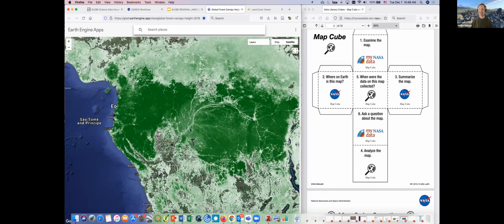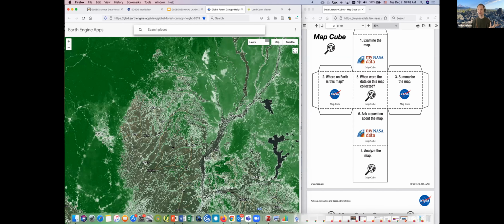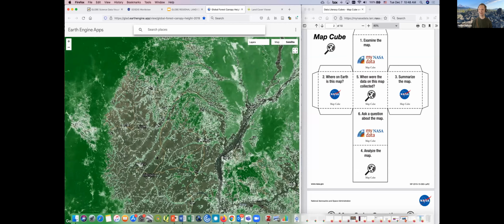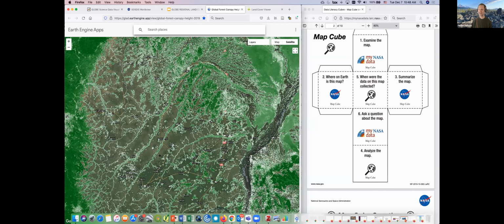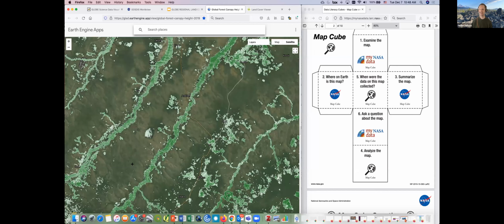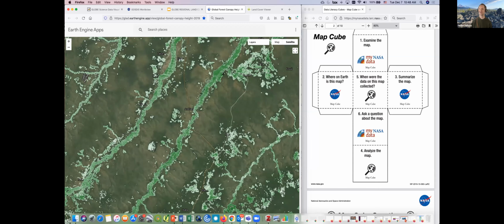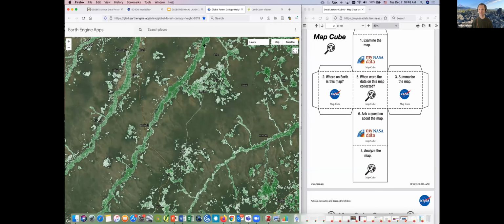What is fascinating to me as I zoom in on this data layer is you start to actually see some of the effects of clouds, but also the effects of sometimes human choices. And this is really fascinating, how we actually have areas that are sort of untreed in between areas that are treed, that are primarily along river systems, right? These linear features, again, if we follow them along, we'll find that they are rivers.